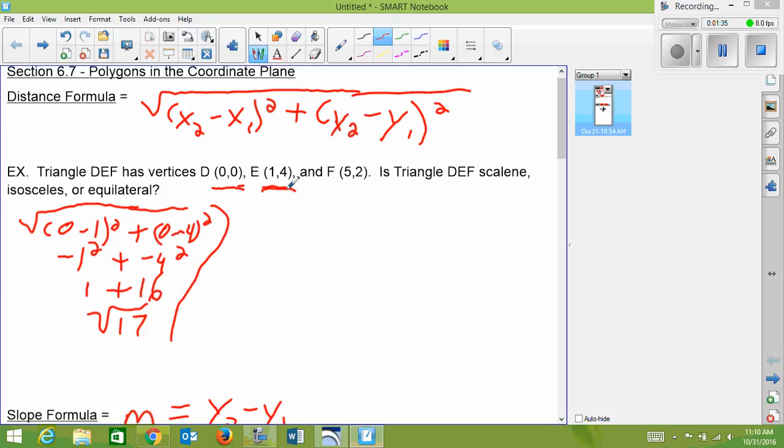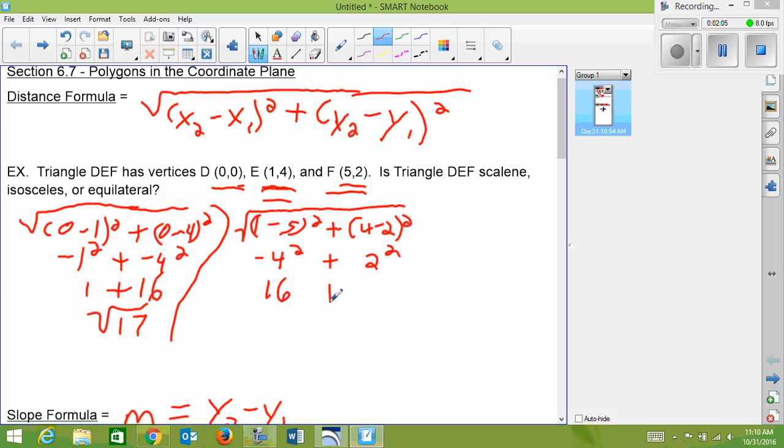Then I'm going to do E and F. Keep in mind this is all under the square root symbol. So 1 minus 5 squared plus 4 minus 2 squared. 1 minus 5 is negative 4 squared, plus 4 minus 2 is 2 squared. So 16 plus 4, square root of 20. So I don't have any equal so far.